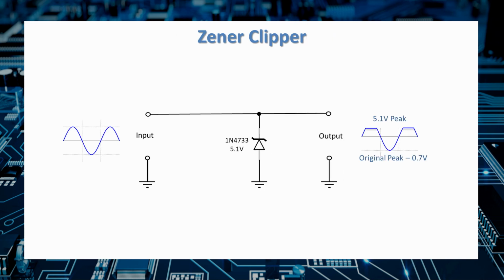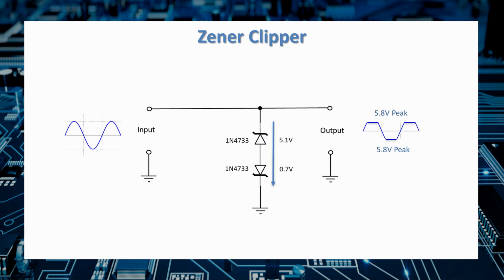And here's an example where we're using a Zener diode to clip the top of a sine wave. When the voltage goes above 5.1 volts, the Zener diode shunts it, therefore limiting the output to 5.1 volts and chopping the peaks off of the sine wave.